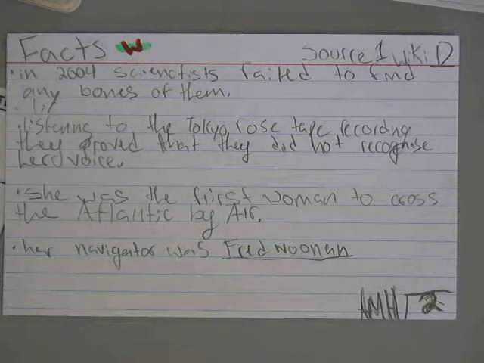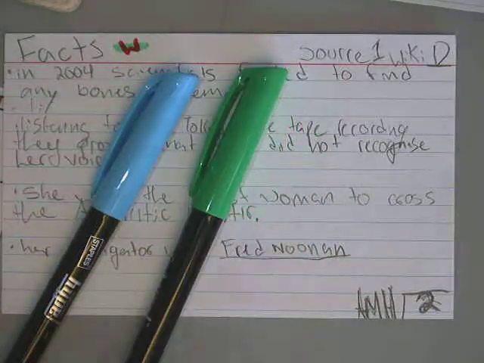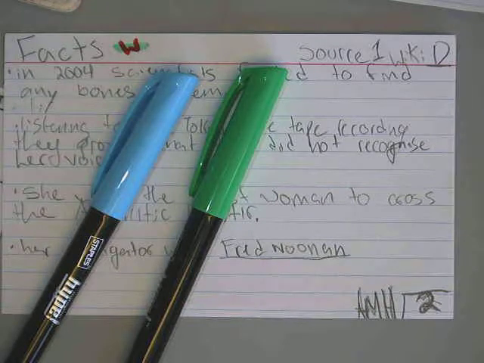You still have to decide: is this the type of information that's going to be part of one of the points I'm trying to make? Blue. Or is this the type of information that's going to support or provide evidence for some point I'm trying to make? Does everybody understand what I'm saying at this point? Yes?